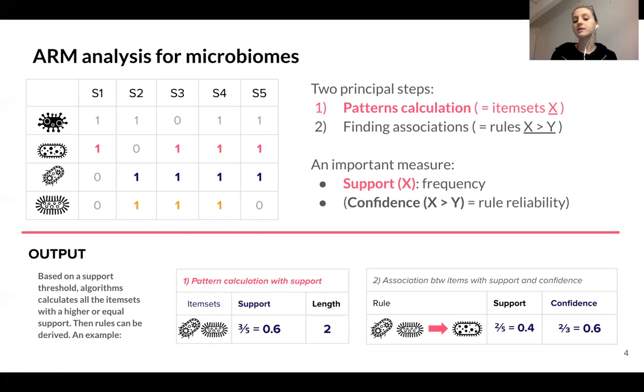The support, or the frequency, is the threshold that the algorithm uses to calculate all the itemsets, all the combinations of our items with a higher or equal support. So it is the frequency at which we are interested to find some patterns. And then the second phase of ARM is finding associations, so rules between these patterns.